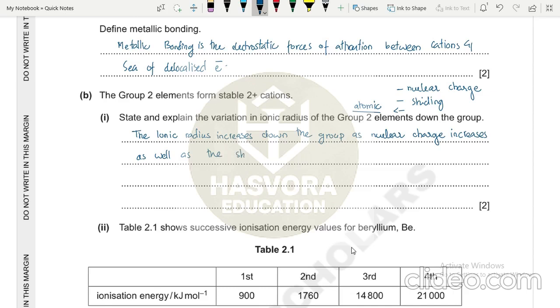What the shielding does is reduce the nuclear charge being experienced by the valence electron. So the shielding also increases by the inner electrons, which counteracts each other. So these are cancelling out each other.